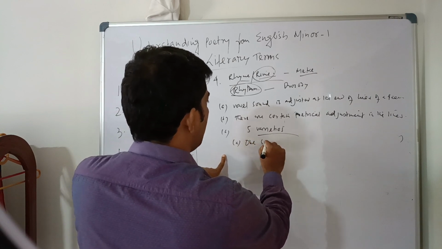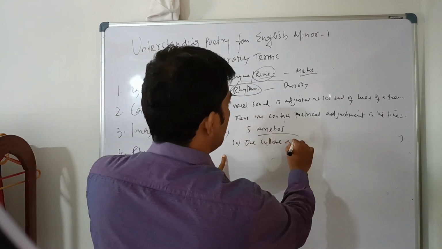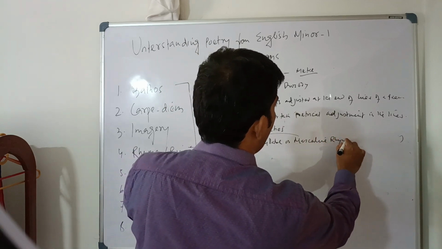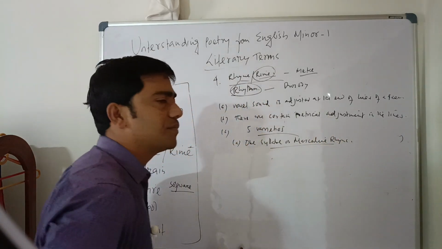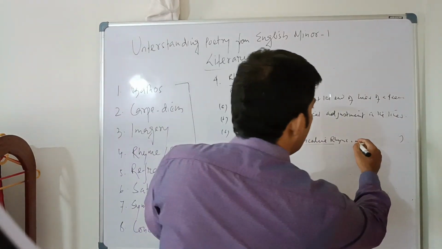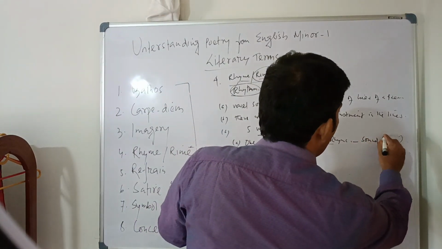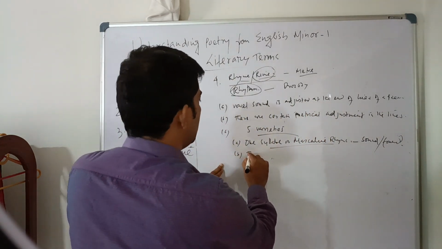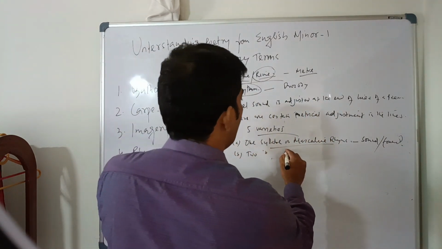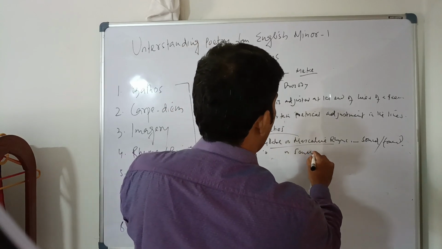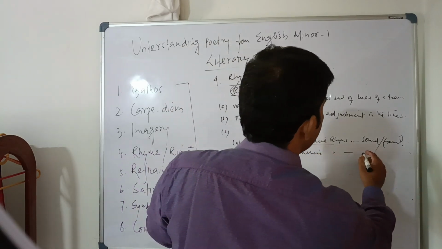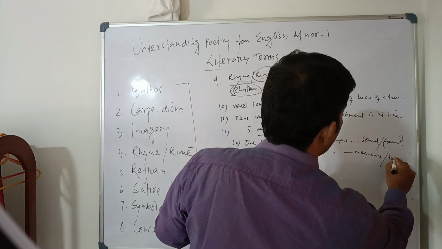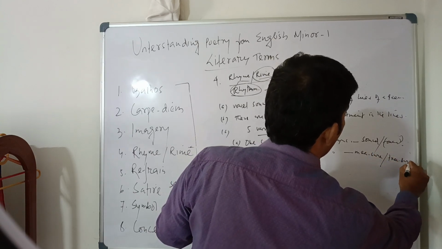One, single syllable or masculine rhyme, that is like sound and found. Two, two syllable or feminine rhyme, that is measure, treasure.